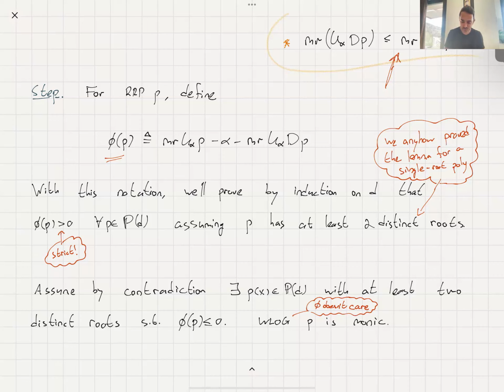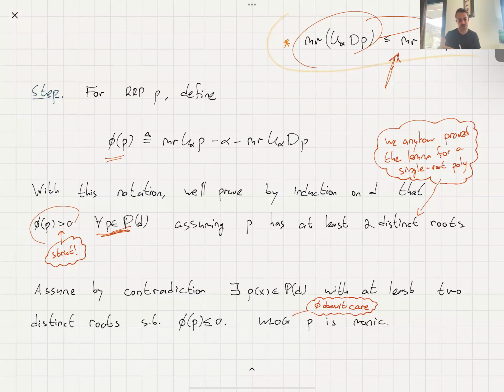So it's the max root of U alpha P minus alpha. With that language, what we want to prove by induction is that for every P in PD, phi of P is strictly larger than 0, for every P in PD with at least two distinct roots.